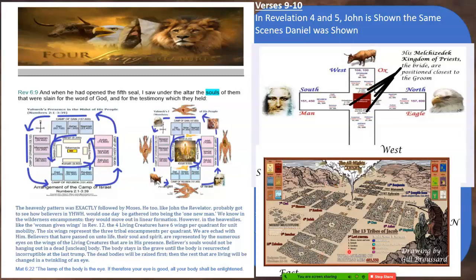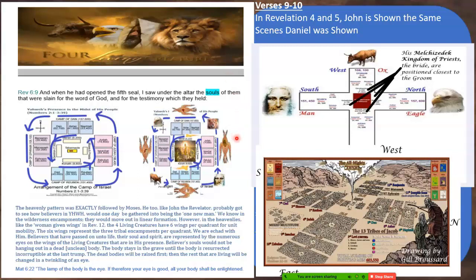Now, I included this diagram to show an aerial view of what it would look like to see this many souls looking up, and it would look like eyes. And you have, again, the 4 living creatures. These aren't beasts.